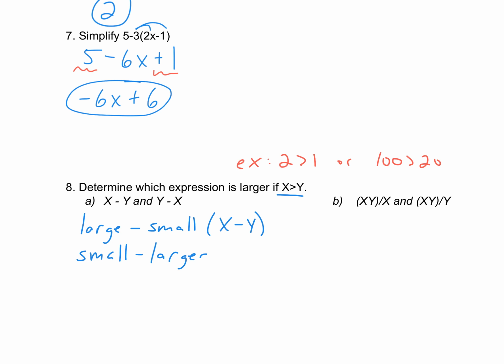And again, I know that because that's what's given. x is a larger number than y. Well, when looking at that, the value that's going to be greater has to be a large minus a small, because a small minus a large is going to be a negative number. So this one would be a positive number. This one would be a negative number. So I'm going to say my answer is x minus y is larger.